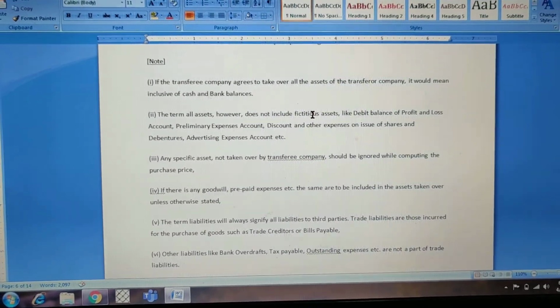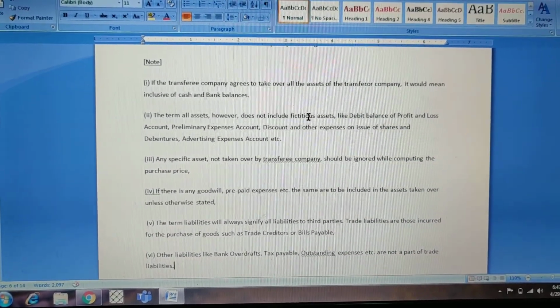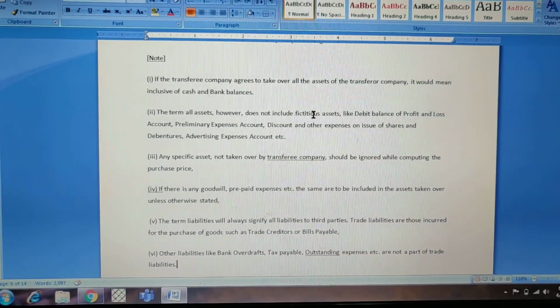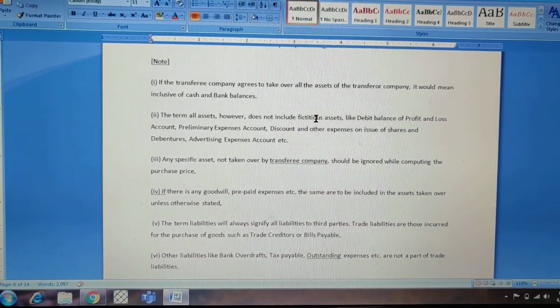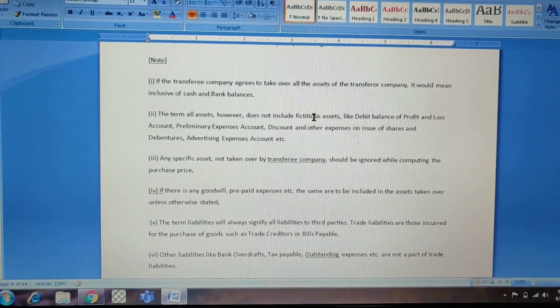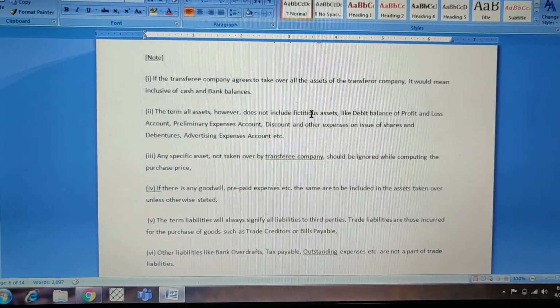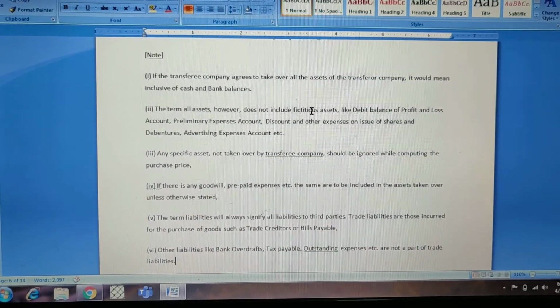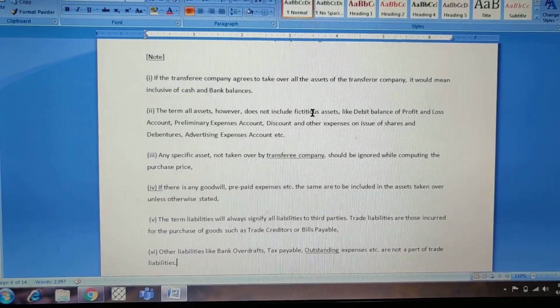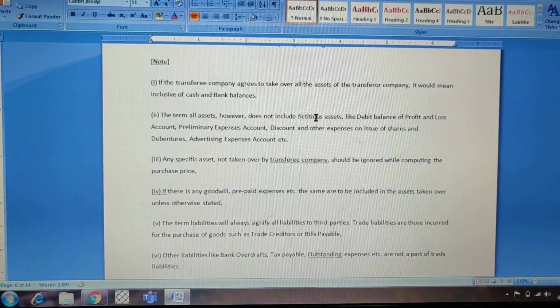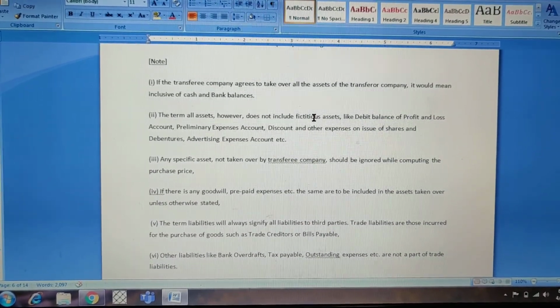So first is, if the transferee company agrees to take over all the assets of the transferor company, it would mean inclusive of cash and bank balance. Yes, obviously you have to include your cash and bank balance as it is given in the balance sheet. Note one main point you have to mark under it.